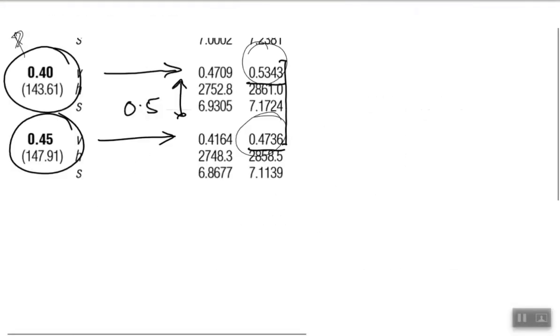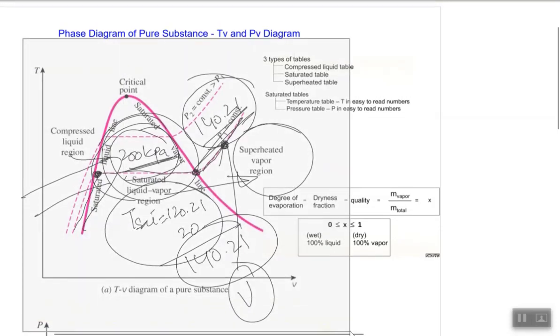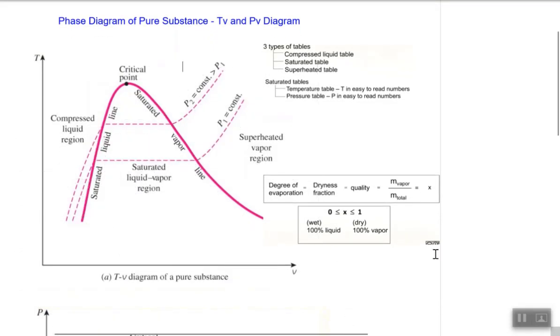Let me clear this first. If I need to find the volume at 140.21, I must know these two points.